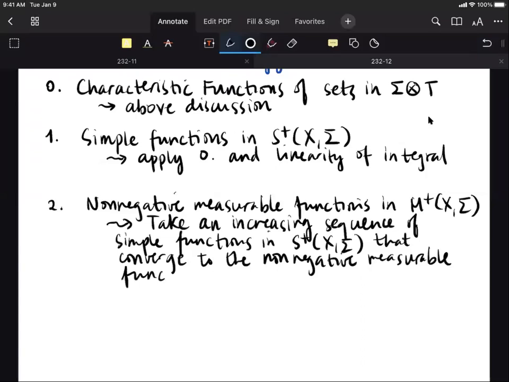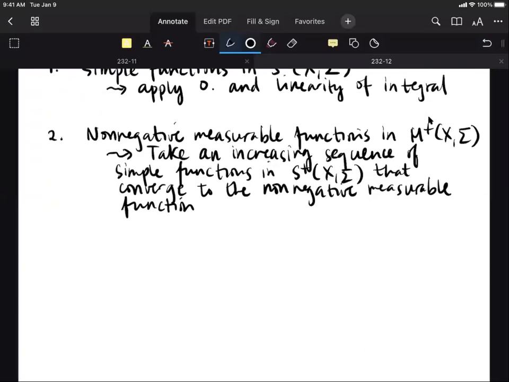And here we know that such a sequence exists by our previous discussions, and apply the monotone convergence theorem.